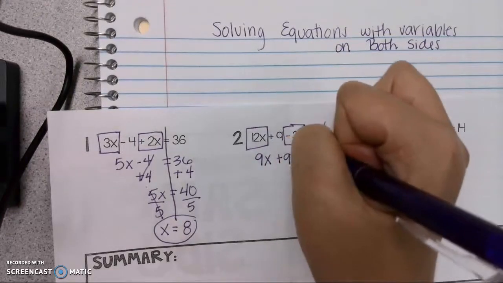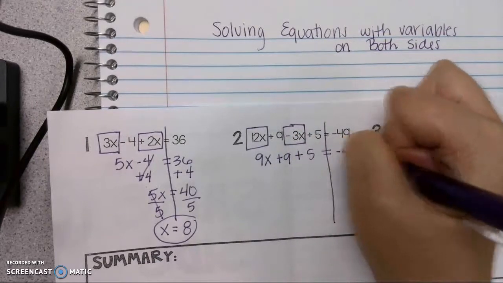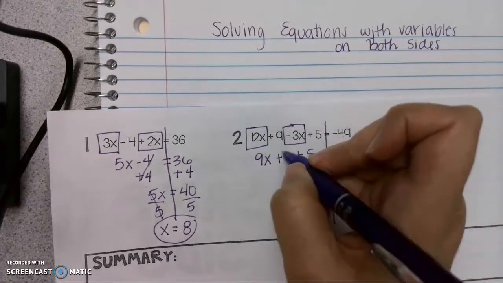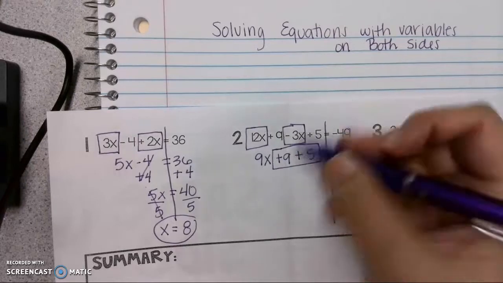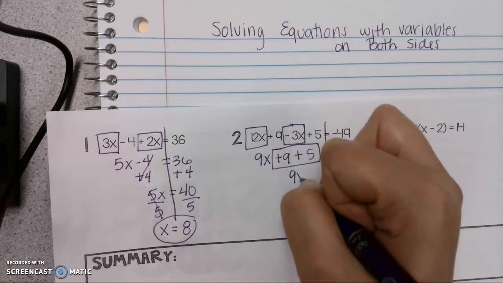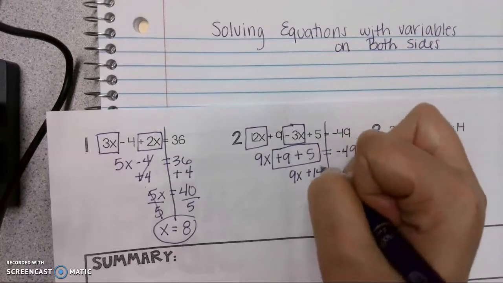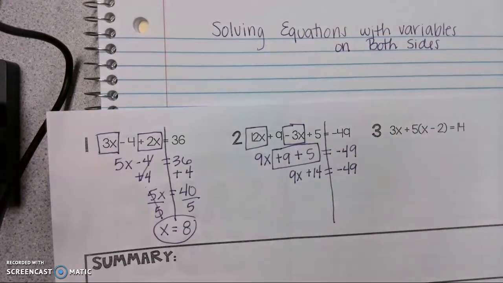Plus 9 plus 5 is equal to negative 49. I still have some more like terms, so I want to put those together. Next, 9 plus 5 is 14. So now I have 9x plus 14 is equal to negative 49.